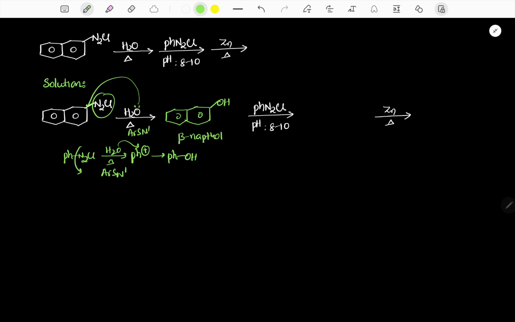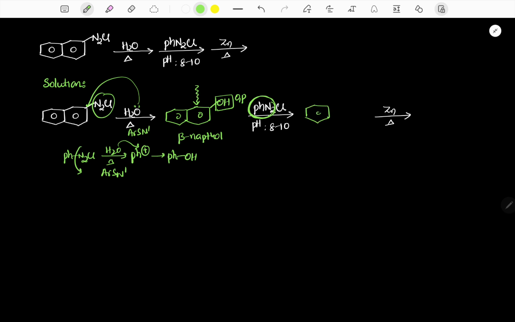Beta naphthol is treated with the electrophile benzene diazonium. Whenever an OH directing group is present at the beta position in naphthalene, the electrophile always prefers the alpha position.